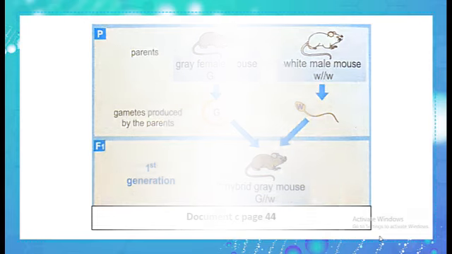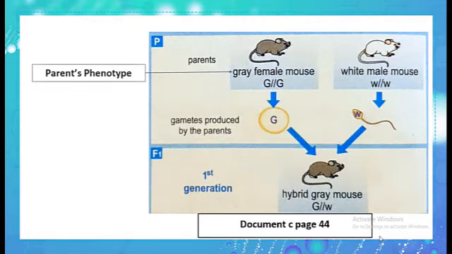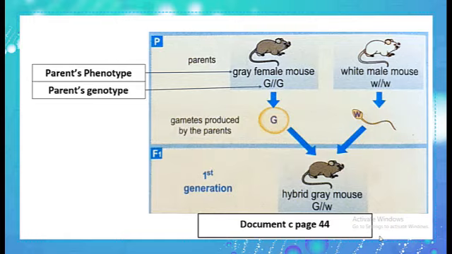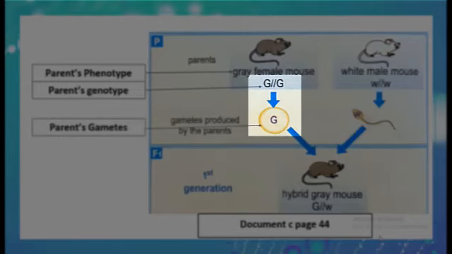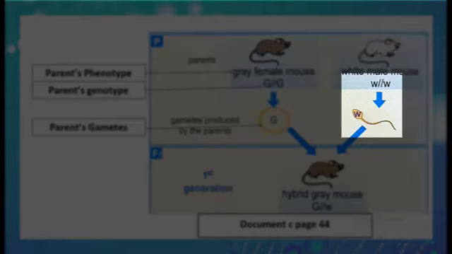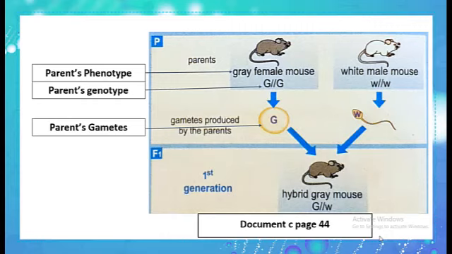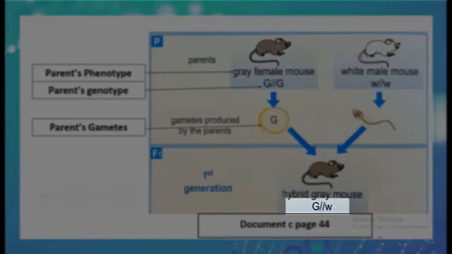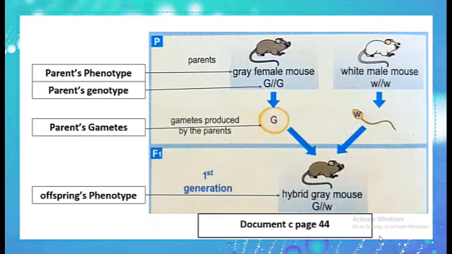In the factorial analysis, you are supposed to start with the phenotype of the parents, then write down the genotype of those parents, then show how the alleles are segregated into the gametes. In this case, one type of gamete is produced by each of the pure parents. Then you are supposed to show how the union of the produced gametes gives a new offspring whose genotype and phenotype should be written as well.